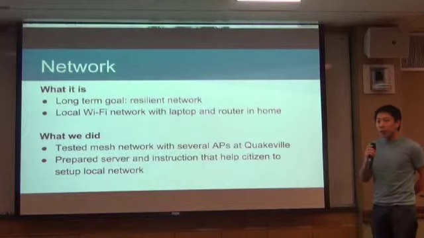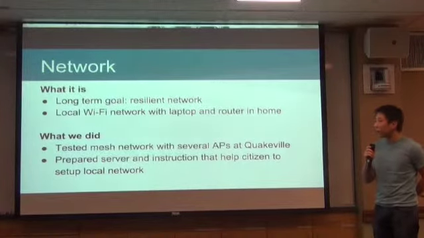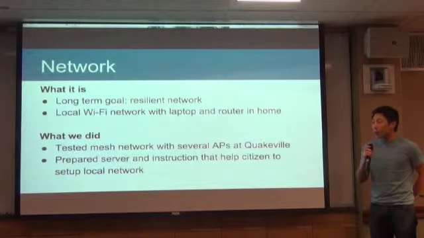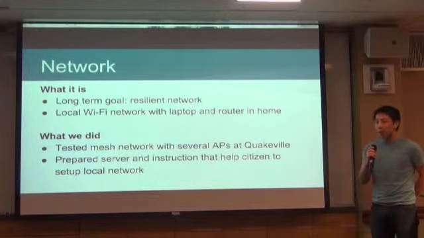We started with a local Wi-Fi network that can be set up through common citizens' laptops and routers. In the first half of the semester, we deployed and tested the mesh network with several access points at QuickWheel. And in order to set up the local Wi-Fi network, we prepared the DHCP and DNS servers in the installation package, as well as instructions to help citizens set up the local Wi-Fi network.